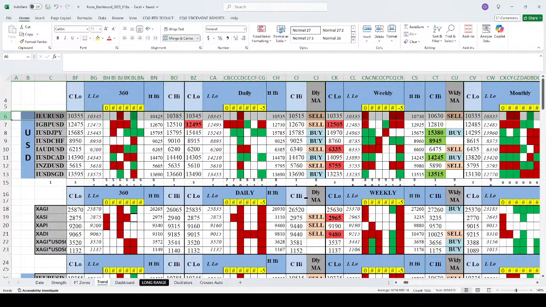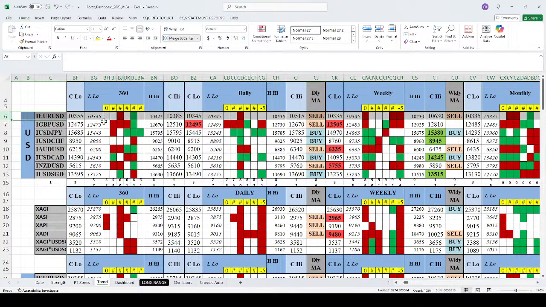The weekly is still down, below 10335, and in fact this is a critical low. So below 10335, further weakness is expected. Then on the daily, this is flat with the downside bias, and 360 is flat with the downside bias.